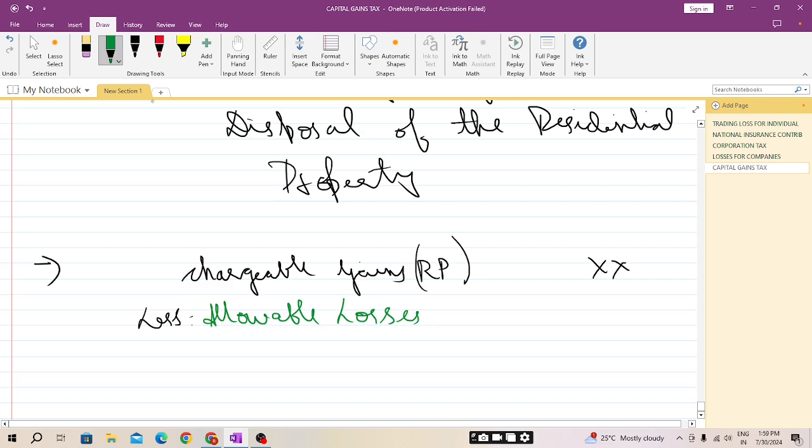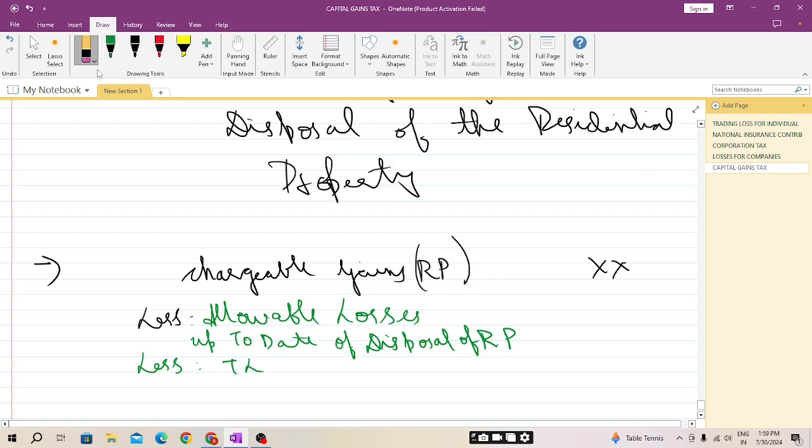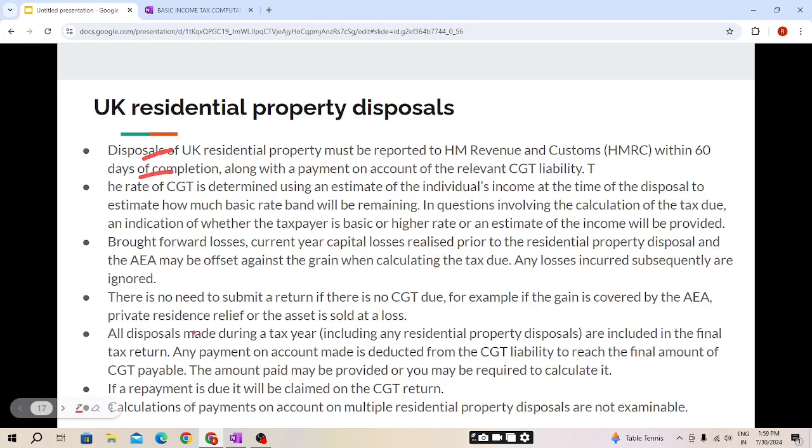Whatever loss you have, you need to consider it. Then less the capital allowable loss up to the date of disposal of residential property. Then less trade loss set off relief, not trade loss set off, students. Here you need to consider the AEA. That was the final format.